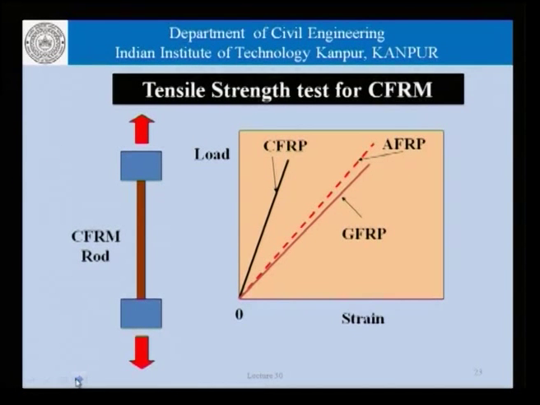Now, if you look at the tensile strength test of CFRM, the way it is shown, if we take the stress strain curve, the load strain curve, then depending on whether the material is aramid or glass or carbon, the stress strain curves are quite different. Carbon fibers are comparatively stiffer.